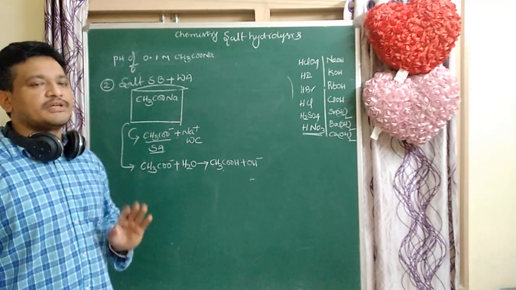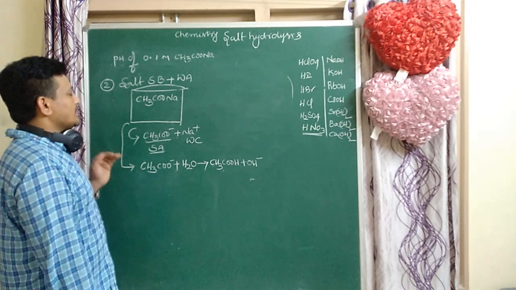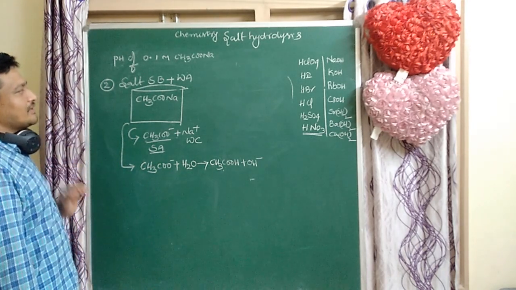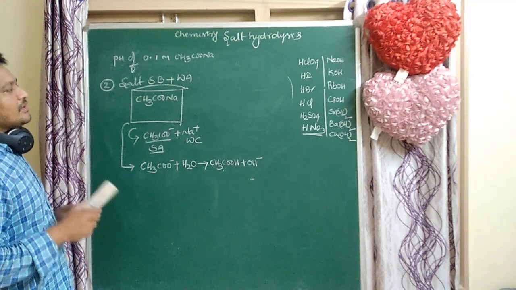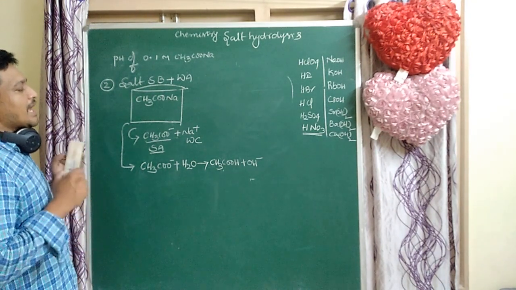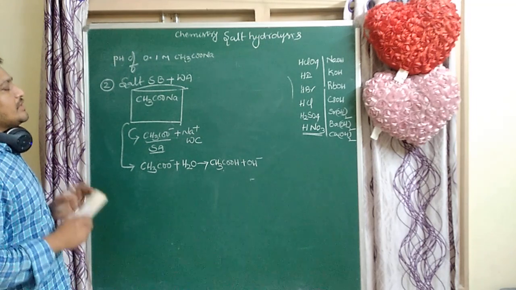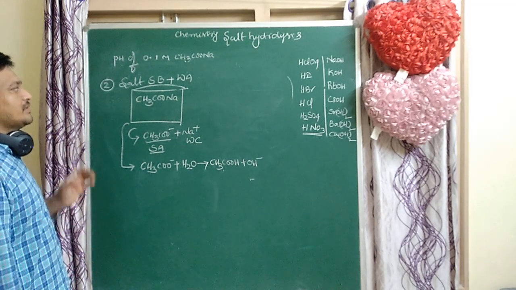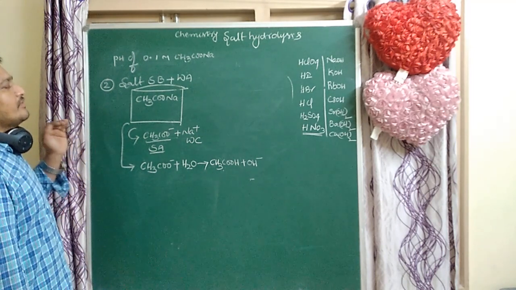Very, very important. In this salt, which hydrolysis takes place? Anionic hydrolysis. Which type of salts undergoes anionic hydrolysis? The salt of a strong base and a weak acid.